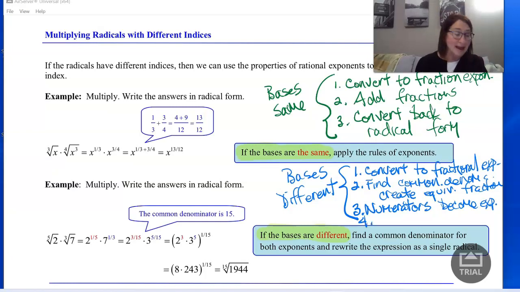And then last, simplify and rewrite as a radical.